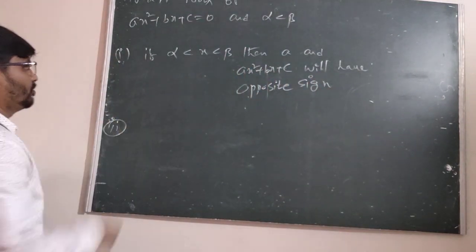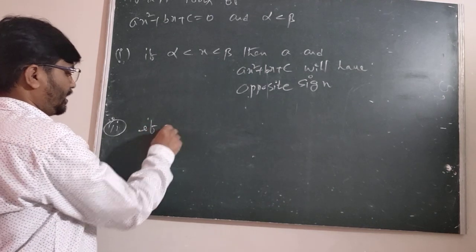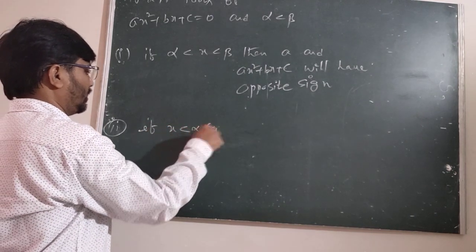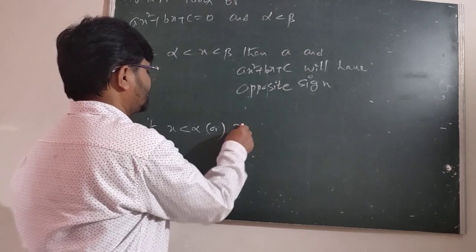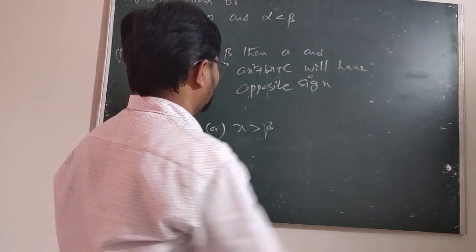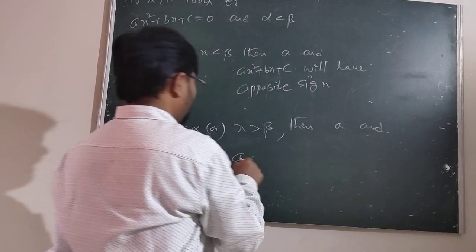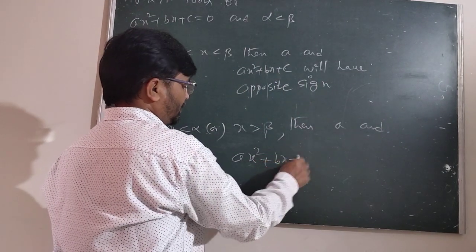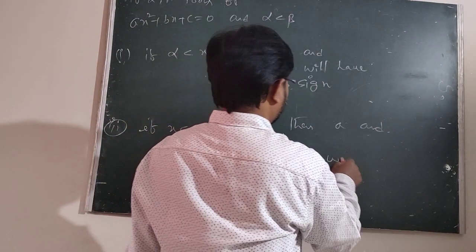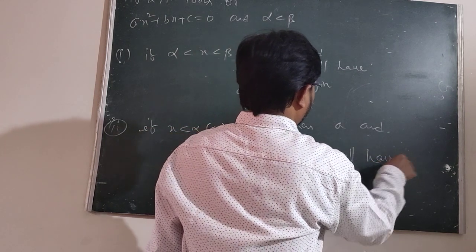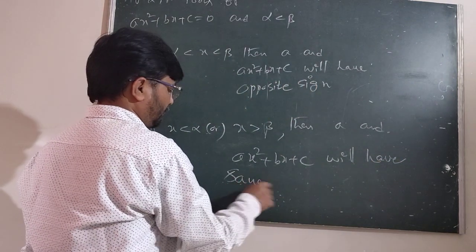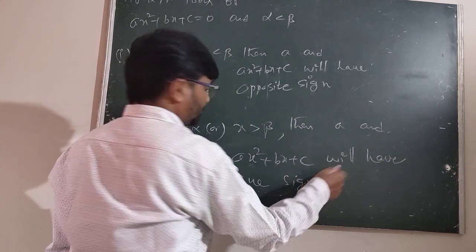Now the second one is, if x less than alpha or x greater than beta, then a and ax square plus bx plus c will have the same sign.